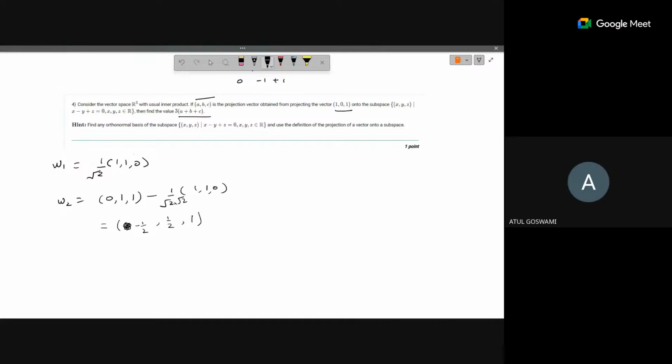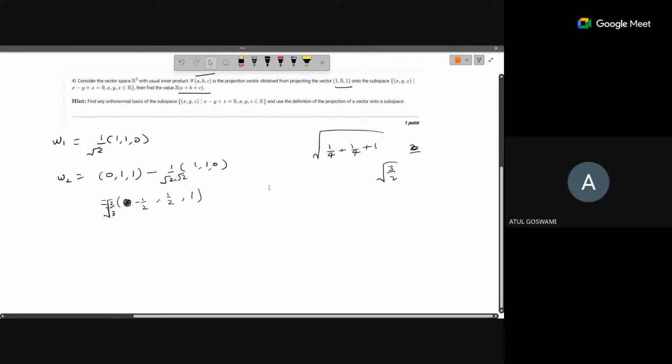We will divide this by its norm, and the norm of this vector is root of 1 by 4 plus 1 by 4 plus 1, which is 3 by 2. So when we divide by this, it will become root 2 by 3 times the vector. So this is the perpendicular, this is the second vector.